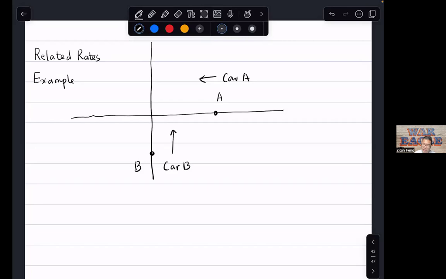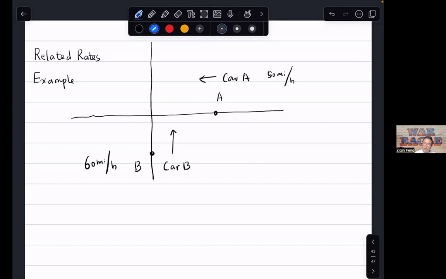Car A here, the speed here is 50 miles per hour. Car B here is faster, which is 60 miles per hour. And what do we want to know?